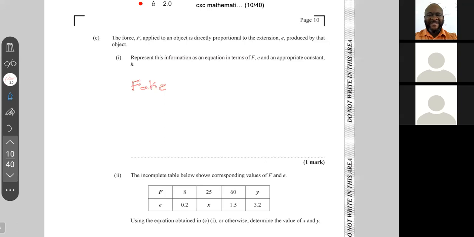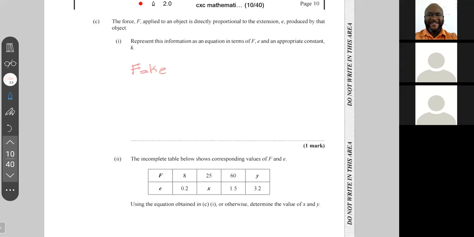So if the word used is directly, it's going to be F is equal to K multiplied by E. If the word was inversely, it would be F is equal to K divided by E. So depending on the word that is used, that will dictate the equation that gets formed from the statement. So the equation is F is equal to K multiplied by E.